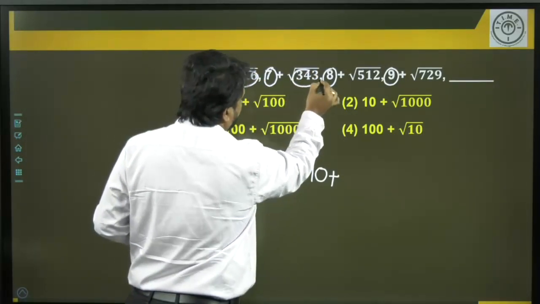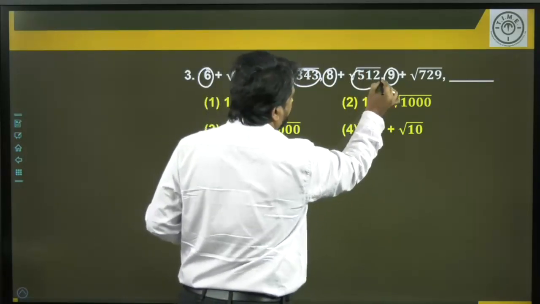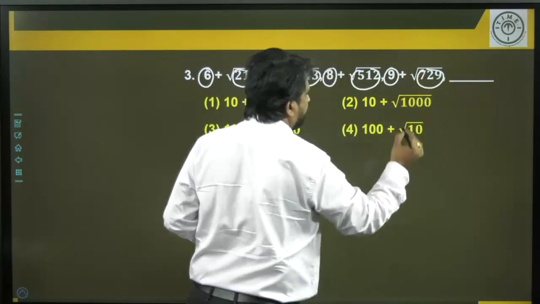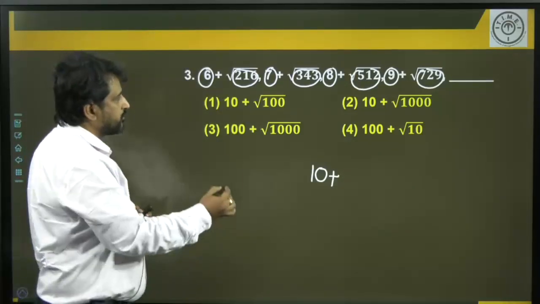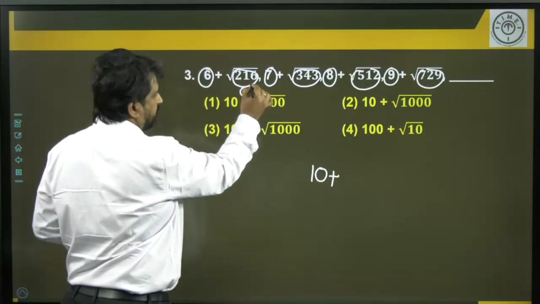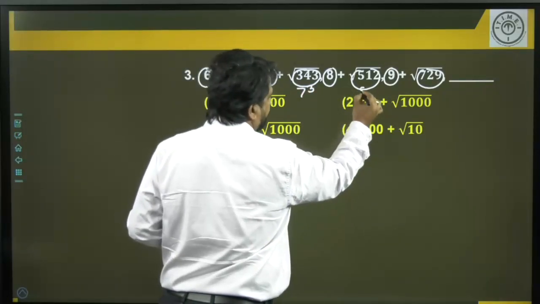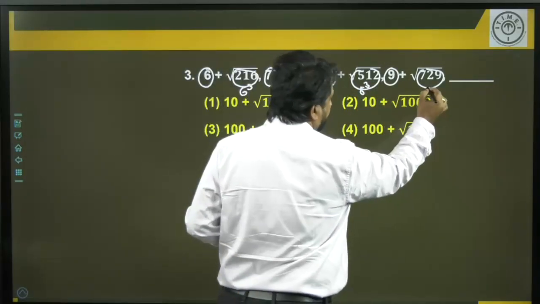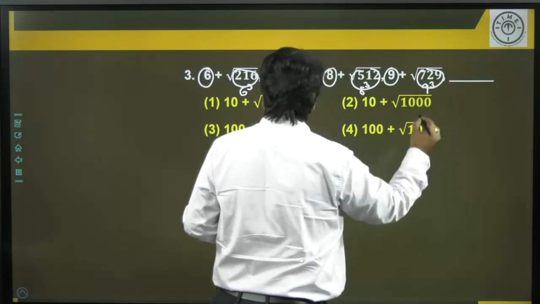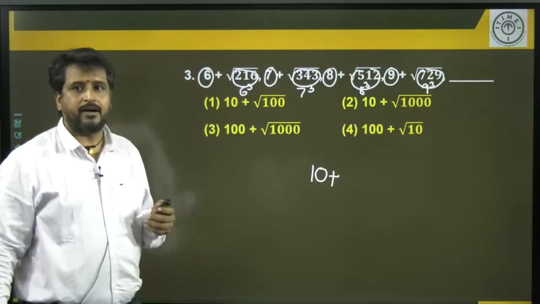What are these numbers? 216, 343, 512, 729. These numbers are perfect cubes. Which number cubes? 216 is 6 cube, 343 is 7 cube, 512 is 8 cube, 729 is 9 cube. 6 cube, 7 cube, 8 cube and 9 cube.